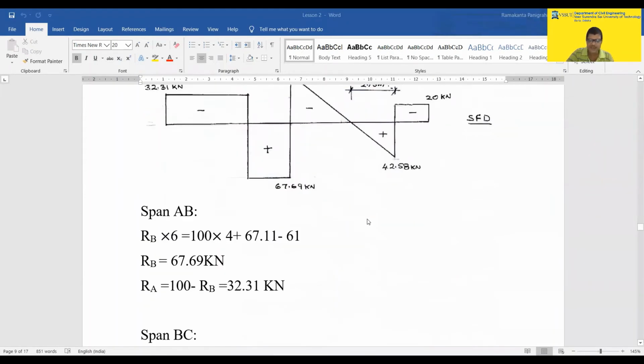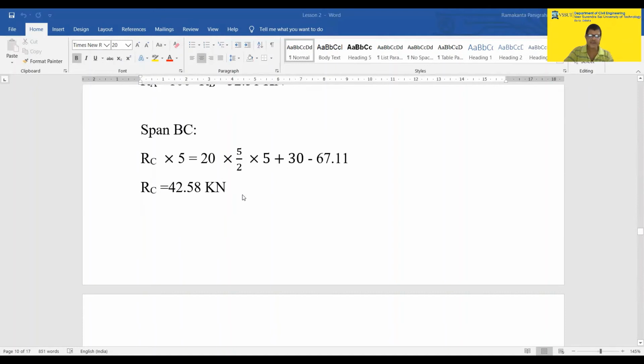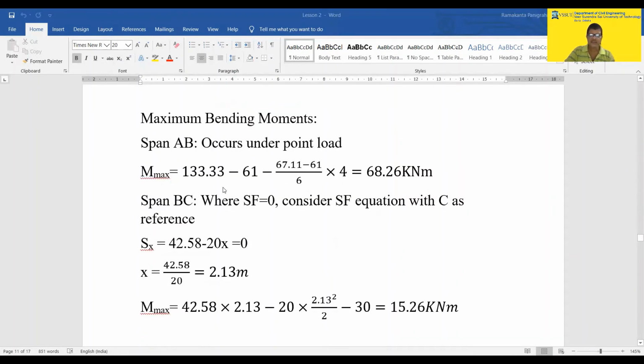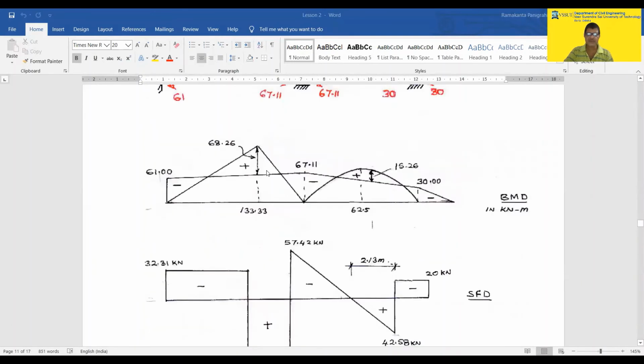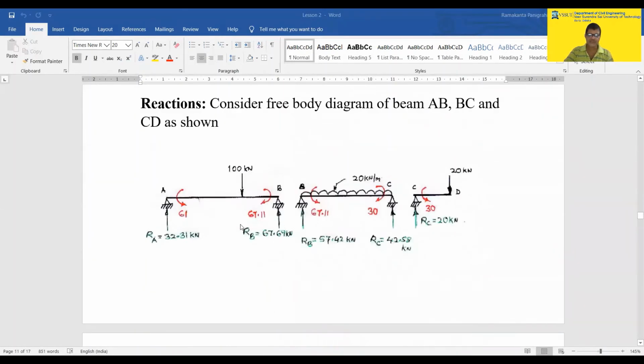So we can take span AB, find RB, RA, and for span BC, find the value of RC, RB. The maximum bending moment occurs in span AB under the 40 kN load. So you can calculate the maximum bending moment by considering span AB. How to find it under the load? Come to the free body diagram.